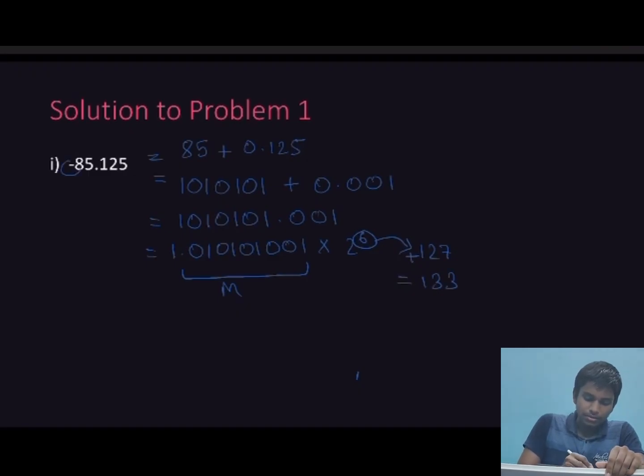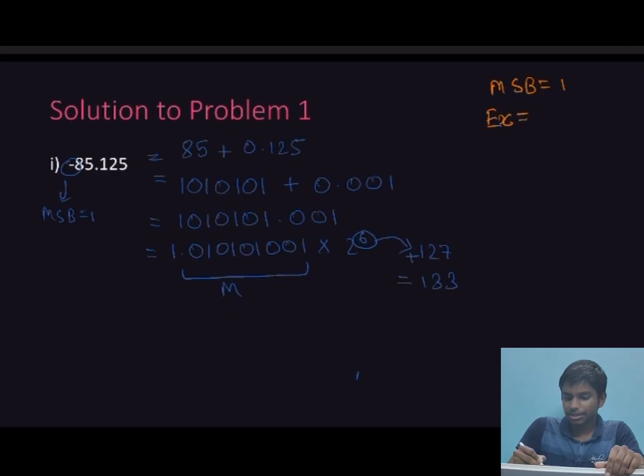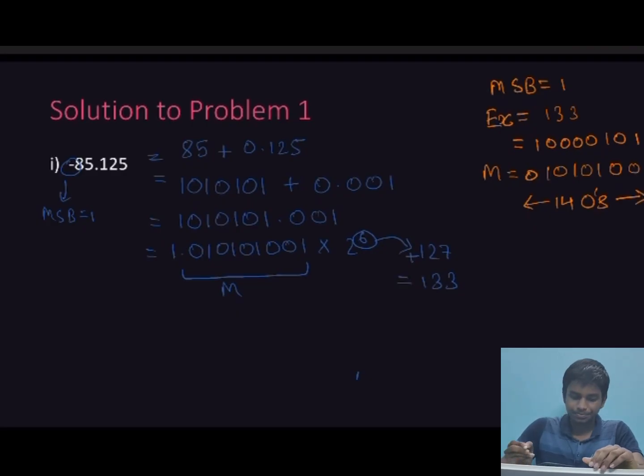Here the sign is negative, so we will get MSB as 1. Therefore we get MSB equal to 1, exponent equal to 133, which is represented as 10000101, and mantissa as 01010101, followed by 14 zeros, because we have to complete 23 bits.